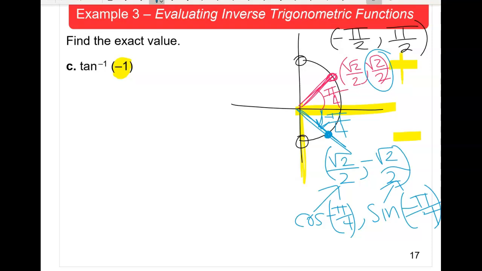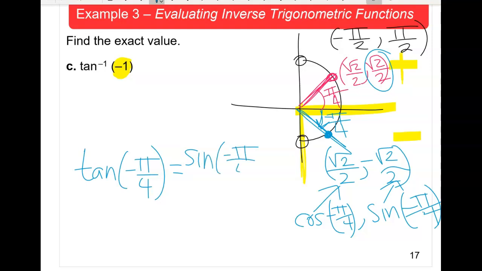So what that tells me is that if I want to find the tangent of -π/4, that will be the sine of -π/4 divided by the cosine of -π/4, because this is one of the quotient identities. And we have the numbers here.